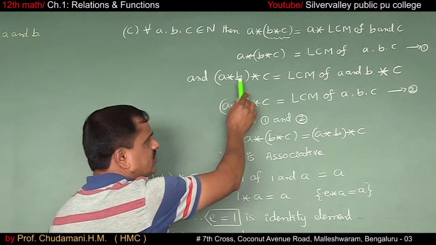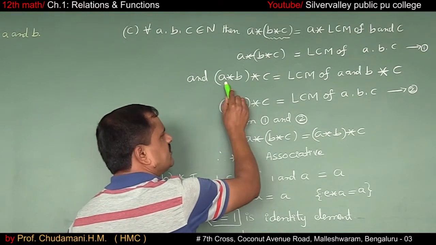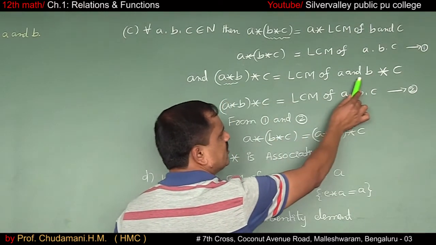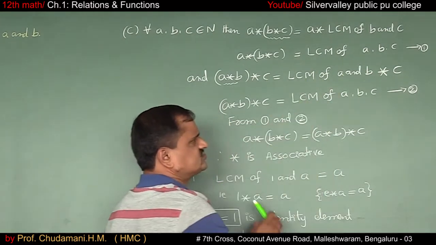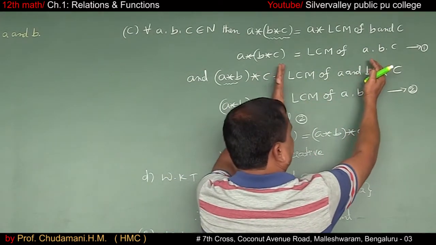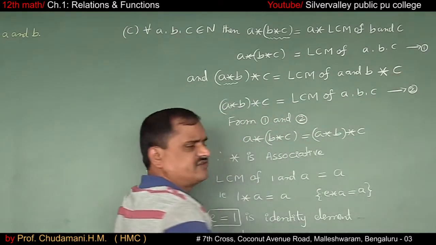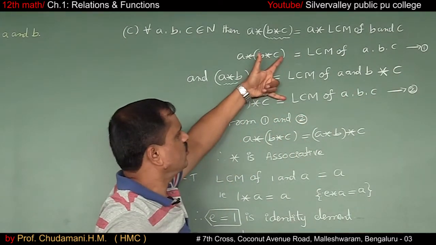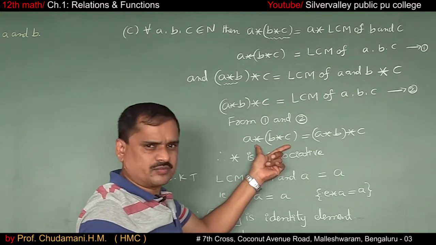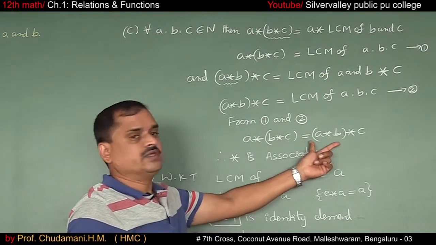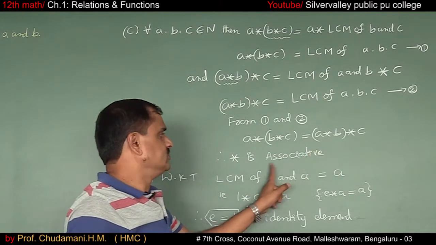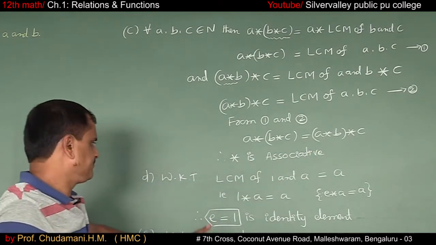And A star B, star C: instead of A star B, LCM of A and B, star C, this is just LCM of A, B and C. Call this equation 2. From 1 and 2, A star, B star C is equal to A star B, star C. Therefore, star is associative.